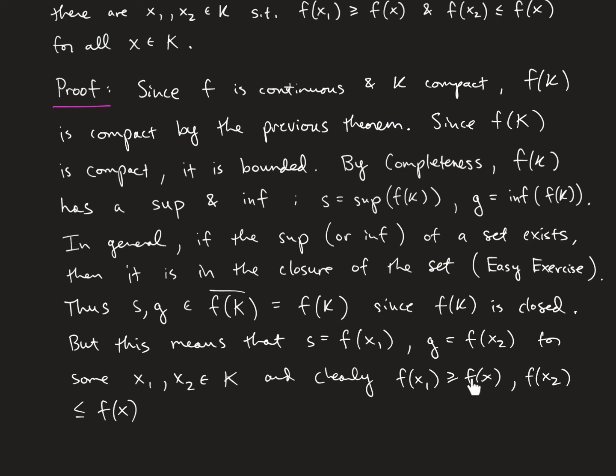So it's bigger than or equal to everything in f of k, and everything in f of k has the form f of x. And then a similar argument for f of x2, using that f of x2 is a lower bound. So f of x2 is less than or equal to f of x for all x in k. And that completes the proof.